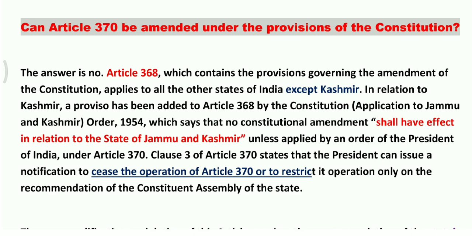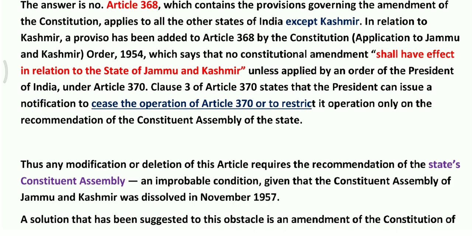Under Article 370, Clause 3 states that the President can issue a notification to cease the operation of Article 370 or to restrict it only on the recommendations of the Constituent Assembly of the state. Thus, any modification or deletion of the article requires the recommendation of the state's Constituent Assembly.